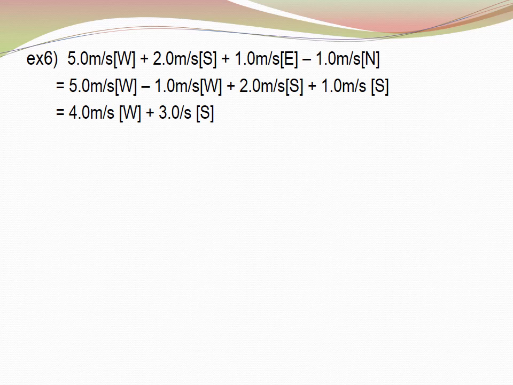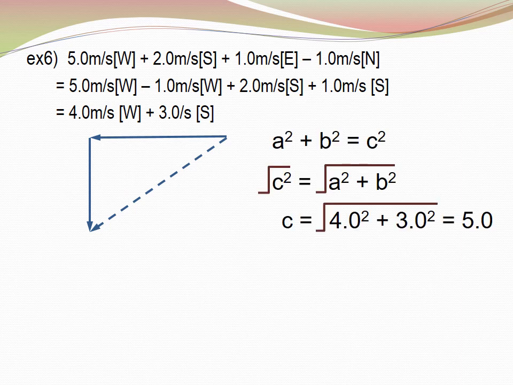So I draw west first, then I go south, draw the resultant vector from start to finish, use Pythagorean's theorem to determine how long the hypotenuse is. I went west first, so I will measure the degrees from west going towards the south.